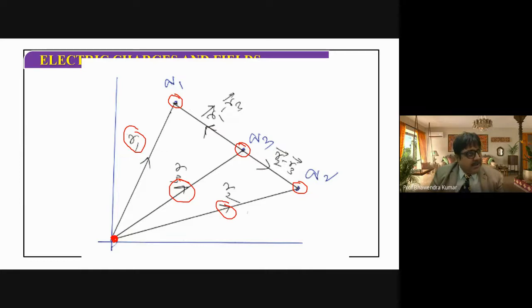Because Q3 is a negative charge, Q1 will attract it in this direction, the direction of R1 minus R3, and Q2 will attract it in this direction, R2 minus R3. The net force on Q3 will be 0. So from that, try to find the value of the R3 vector.